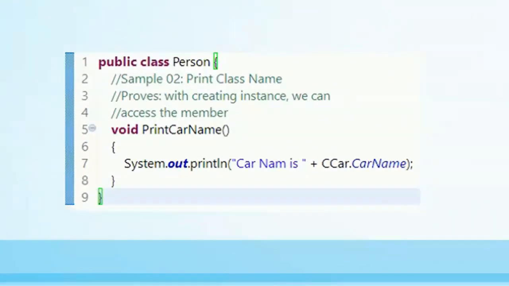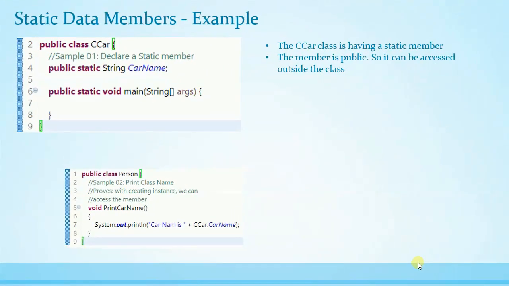In this statement, CCar is the class template name. Then we place a period and access the static member. If there are multiple static members, all can be accessed the same way. That means we don't need to create any instance. The class name itself is enough to access the static members inside it.